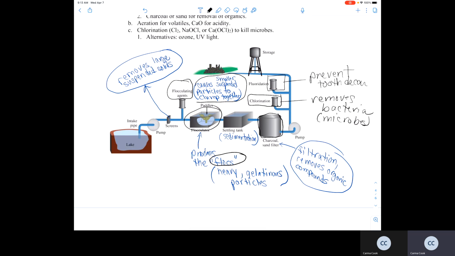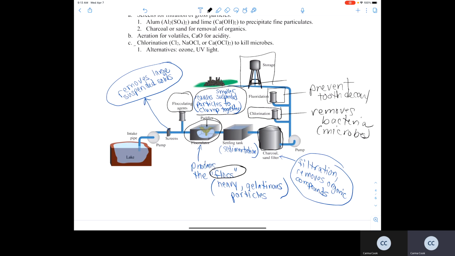Our water has fluoride in it. And then the water is placed in a storage tank. Now, chlorination is very controversial because of the chlorine chemicals. Some other alternatives that have been used instead of chlorine-based compounds are things like adding ozone or using UV light to kill the microbes instead of chlorine.